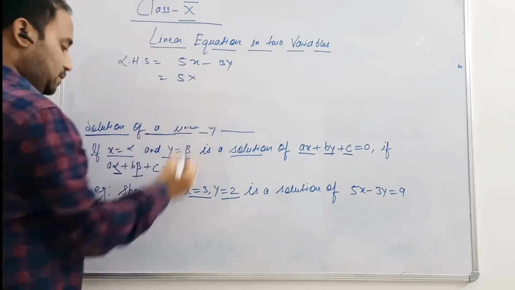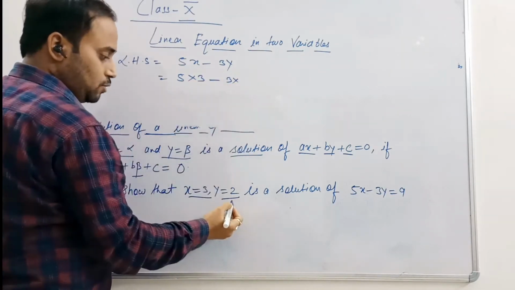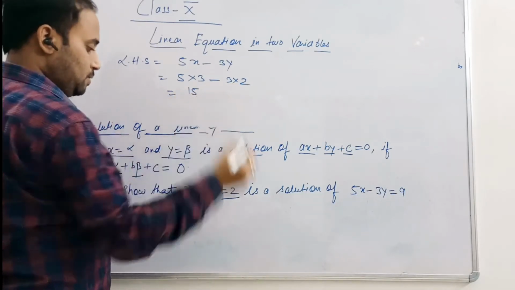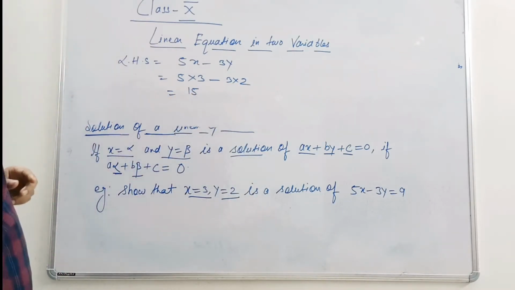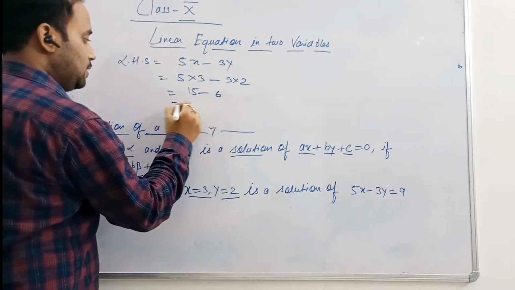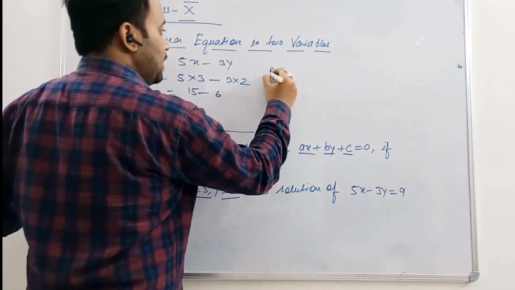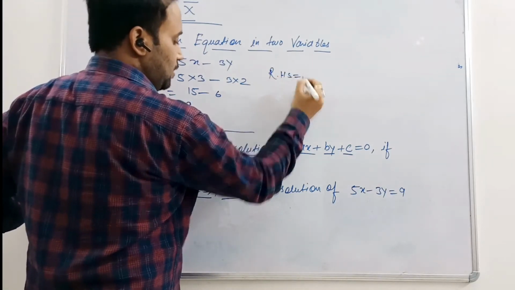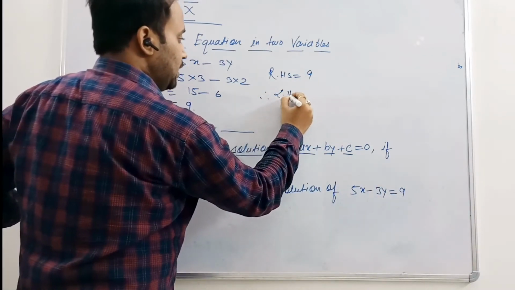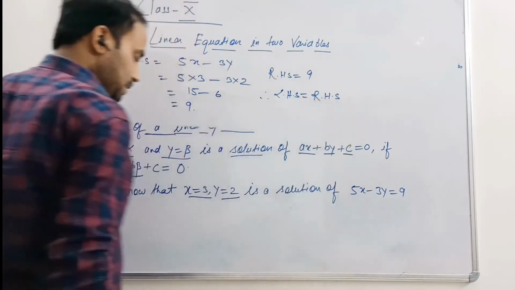In place of x, we write 3, and in place of y we write 2. This becomes 15 minus 6, which is 9. It means the LHS value is 9 and the RHS value is also 9. Therefore, LHS is equal to RHS.